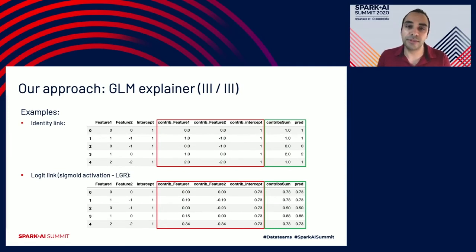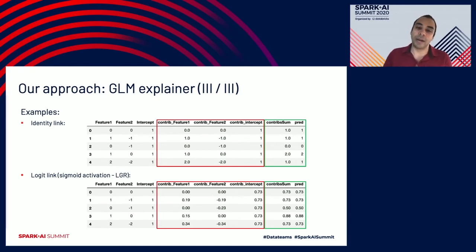So the columns that you see inside the red rectangle mimic the three columns that you have on the left, because we're dealing with linear regression. And on the right, you see the prediction, which is the sum of linear contributions. The rightmost column is the prediction column, and the contrib sum is the sum of the contributions that are generated by our algorithm inside the red rectangle.